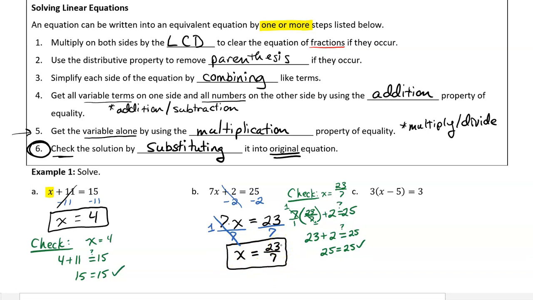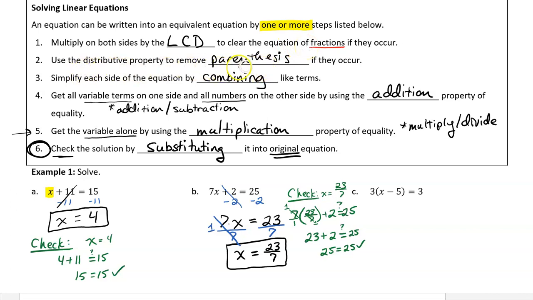One more. We have on part C, 3 parentheses x minus 5, close parentheses, is equal to 3. So checking my rules. Again, I don't have a fraction, so that part's cleared away already.